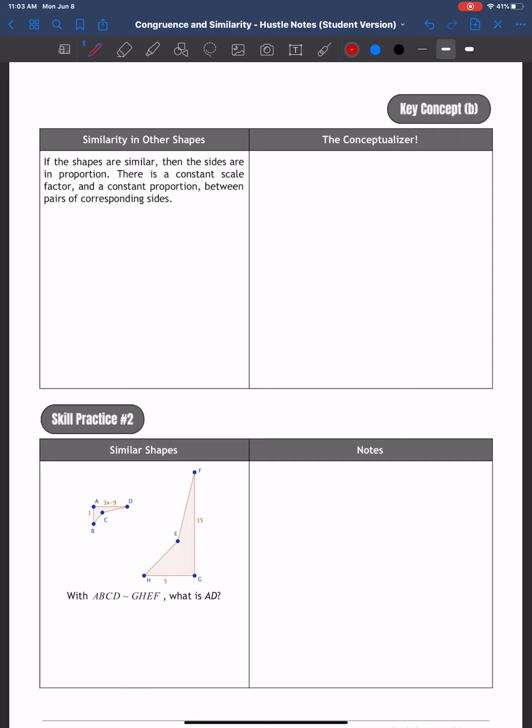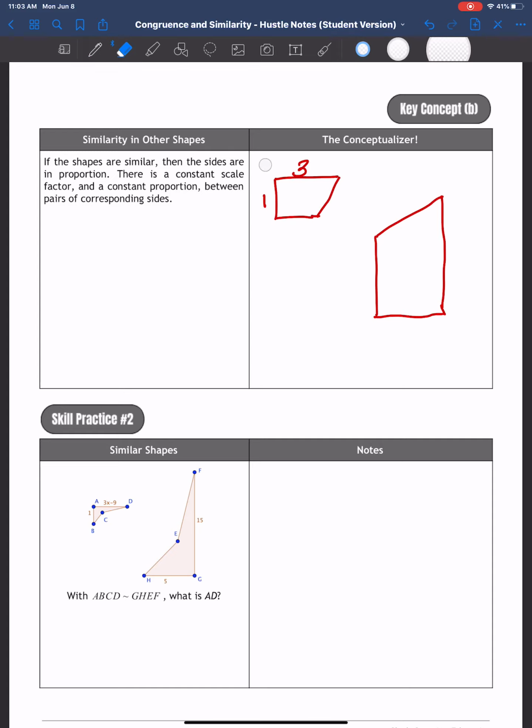So if you were to draw, and again, mine is not going to be perfect because, well, I'm not an artist. But if you were to draw two shapes, and we have 1 and 3, we'll label these.